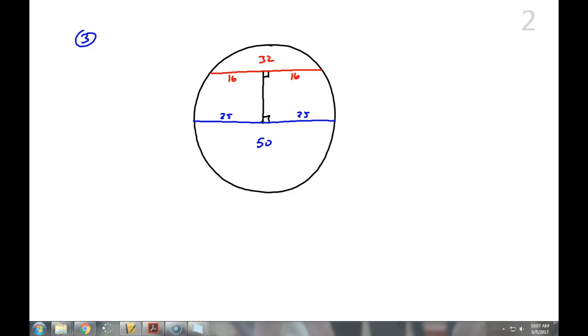So let's go ahead and just connect this line, which is also 25 because it's a radius. All radiuses are equal. So to find the distance between the two chords, Pythagorean Theorem, x squared plus 16 squared equals 25 squared. x squared plus 256 equals 625.